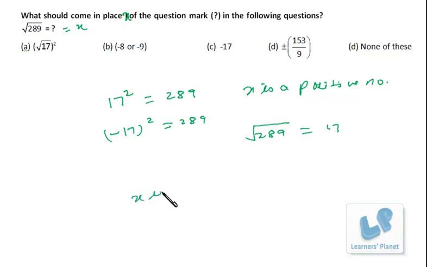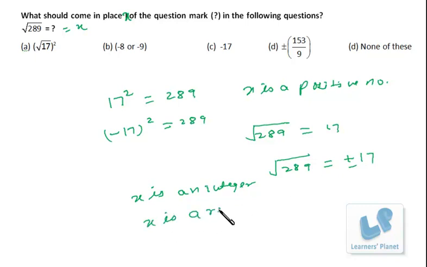But if you are told that x is an integer, then root 289 will be plus or minus 17. And if you are told x is a real number, then also the same situation will be there. In this case, we are not given which type of number x is, whether it's an integer, a natural number, or a real number. So root 289 can be either plus 17 or minus 17.